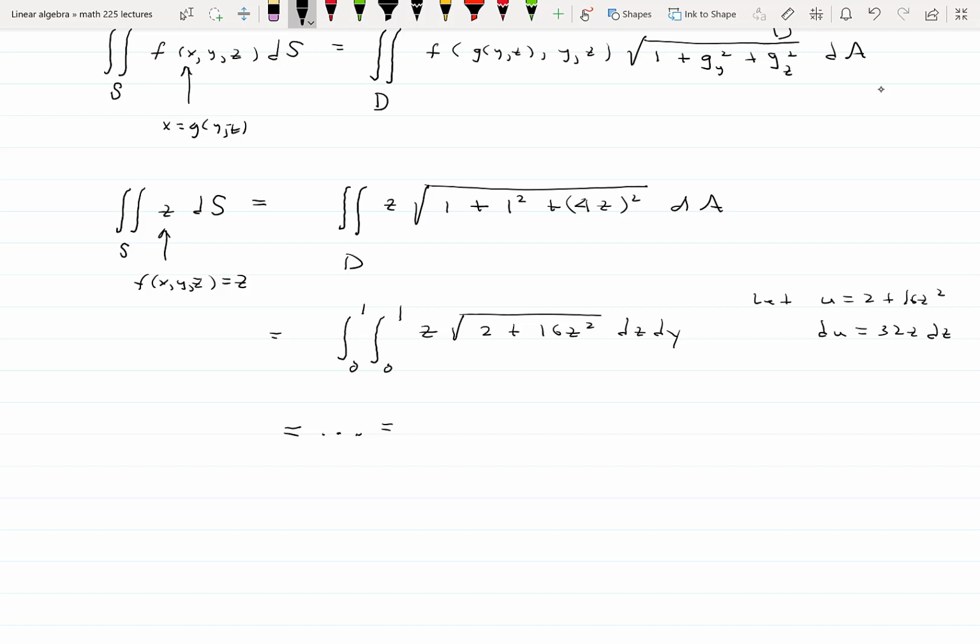Because we have quite a bit to go in this section, I want to get moving on it. So this turns out to be 13/12 times the square root of 2. And again, no units assigned, because we haven't assigned units for f of x, y, z equals z. So this just has a constant value of 13/12 times the square root of 2.